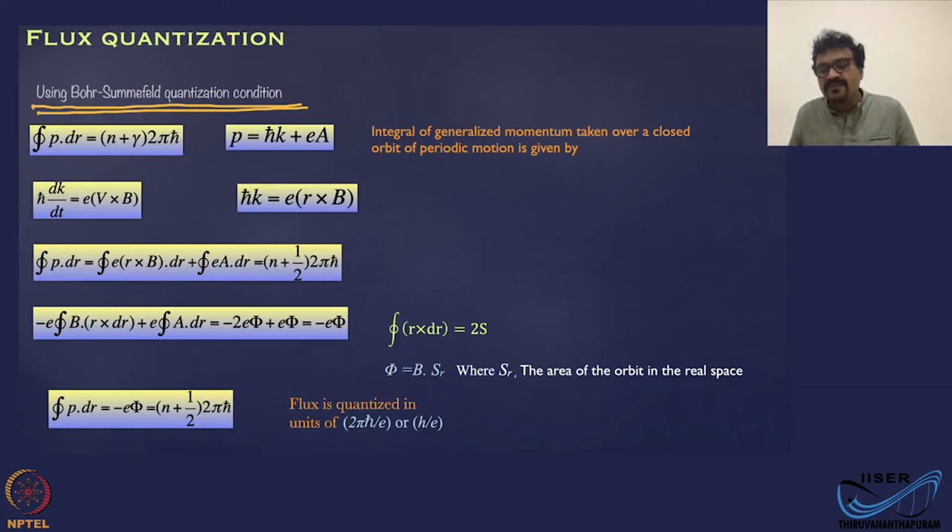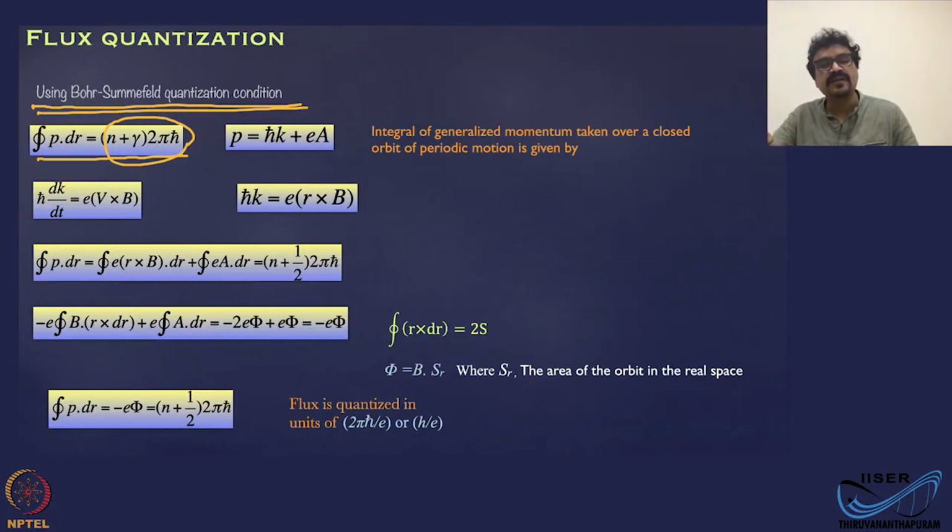So the Bohr-Sommerfeld quantization condition says the integral of the generalized momentum taken over a closed orbit is quantized this way. Okay. But in our specific case, what we need to consider is that we have the momentum ħk, which also has a contribution from the vector potential, eA.